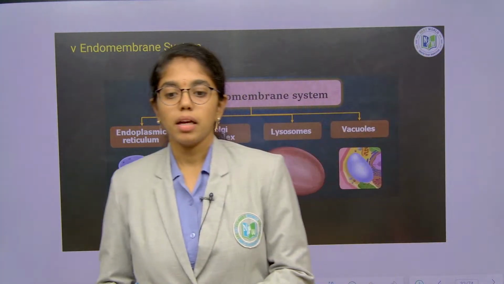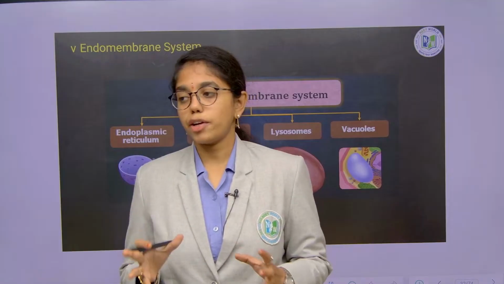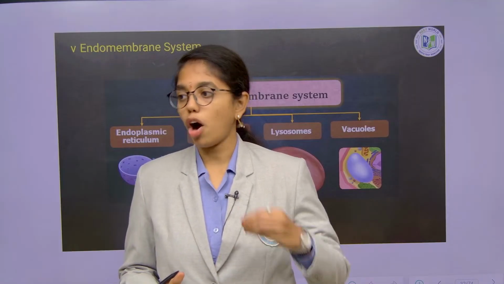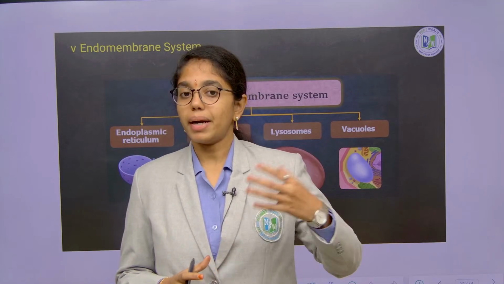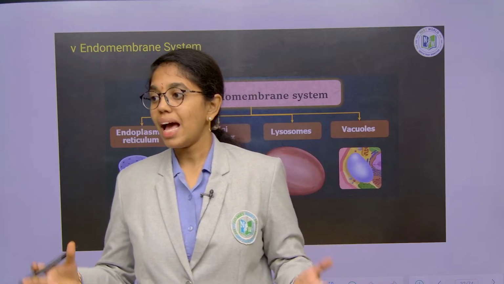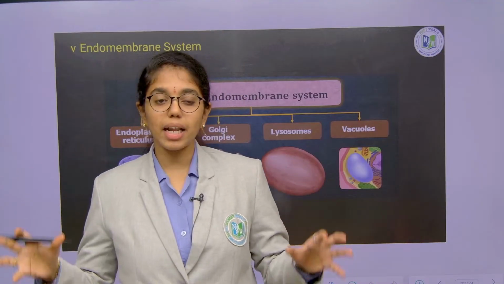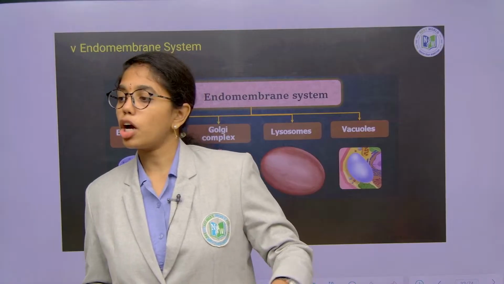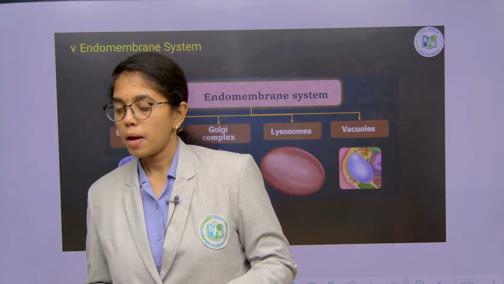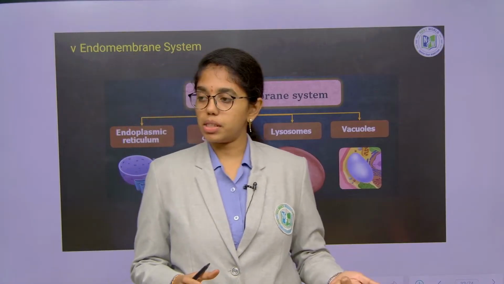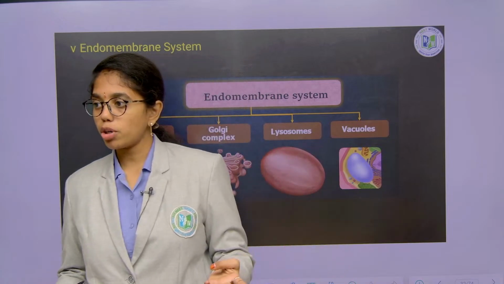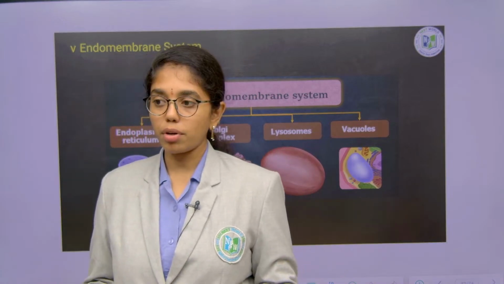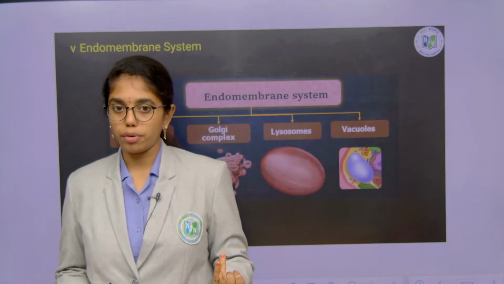And then endomembrane system. So, yes, we have learnt that cytoplasm is the main arena of all cellular activities, but plant cell and animal cell have active compartmentalization of cytoplasm because of membrane bound organelles. Both have single membrane bound organelles, double membrane bound organelles and non-membrane bound organelles.